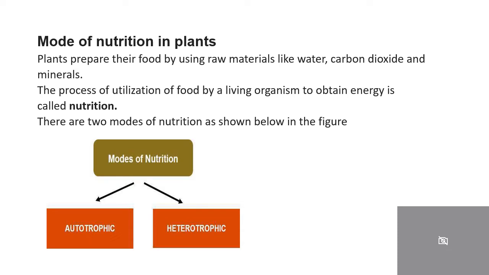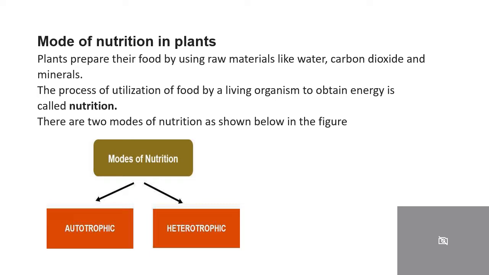So first we should know what is nutrition. What is the meaning of the term nutrition? Nutrition is a process of taking food by an organism. And after taking in food, what has to be done? It is digested, then absorbed and then utilized by the body.